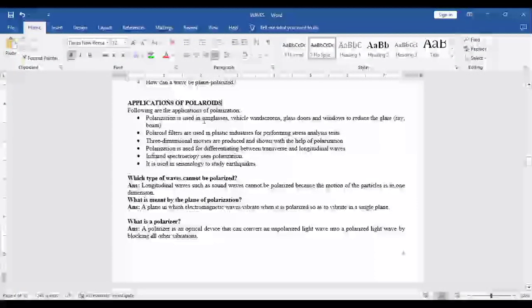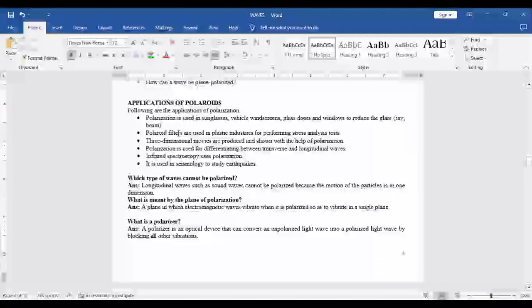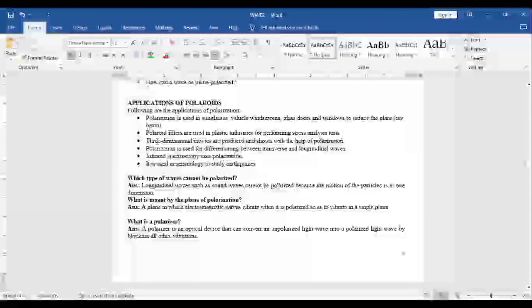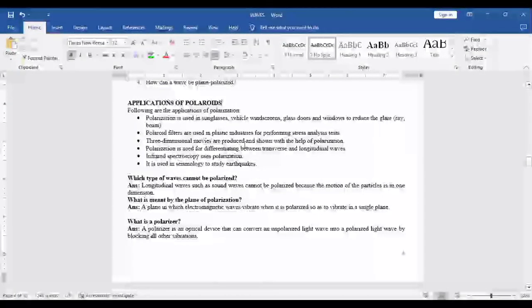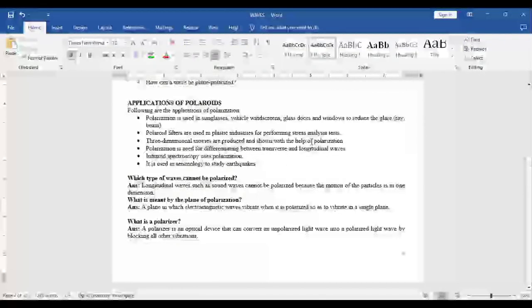So they are used in sunglasses, vehicle windscreen, glass doors, glass windows, and all of that to reduce light glare. Polaroid filters are used in plastic industries for performing stress analysis tests. Three-dimensional movies are produced and shown with the help of polarization.